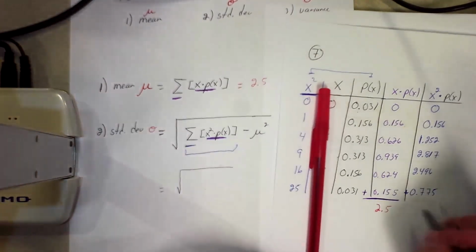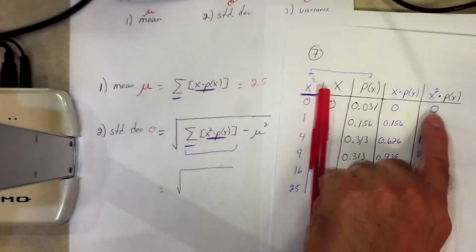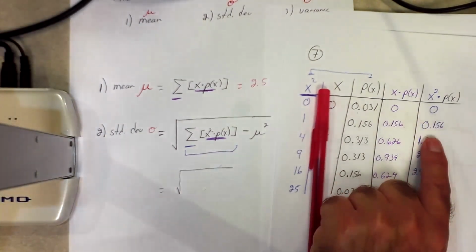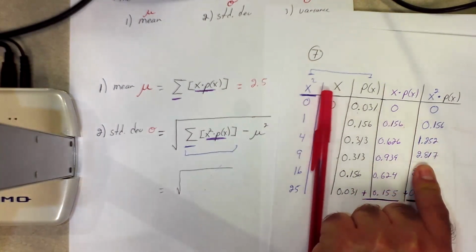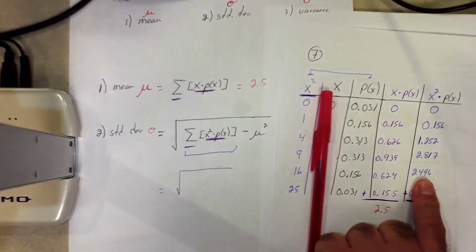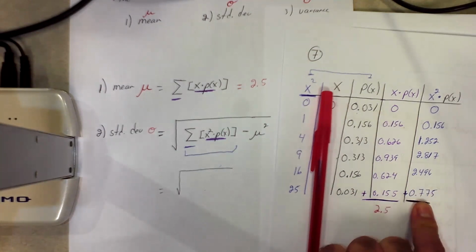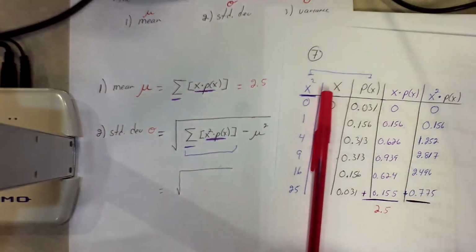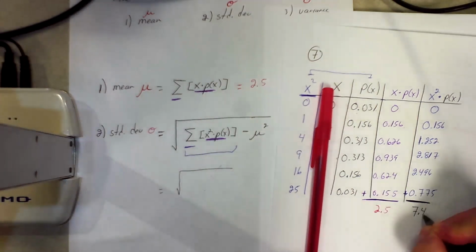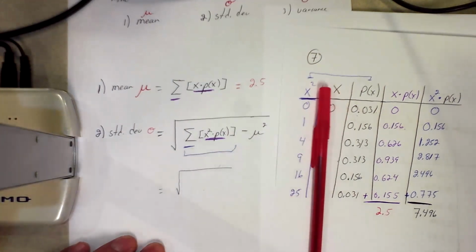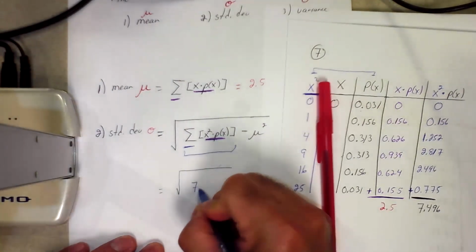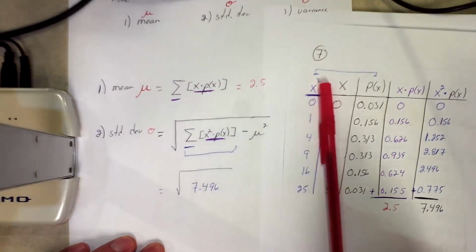So I'm going to add these numbers: 0 plus 0.156 plus 1.252, 2.817, 2.496, 0.775. That gives me 7.496. So that's what this number is, 7.496.